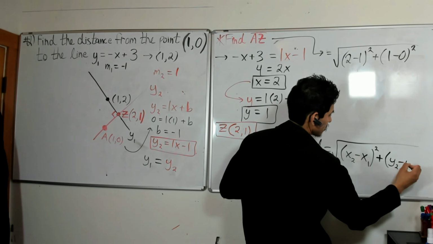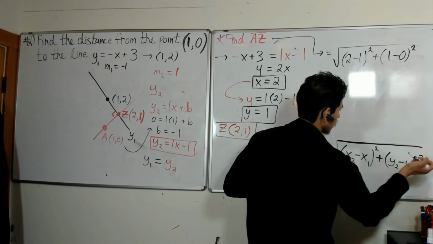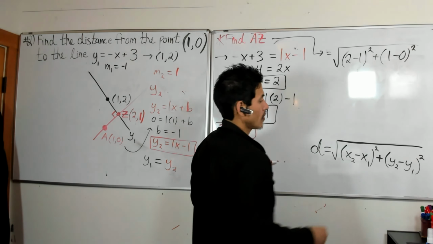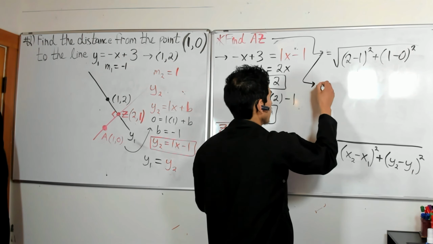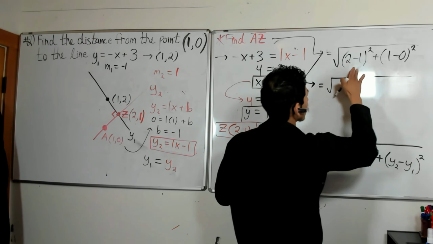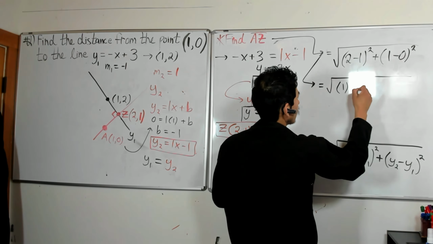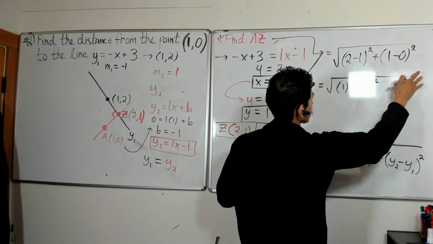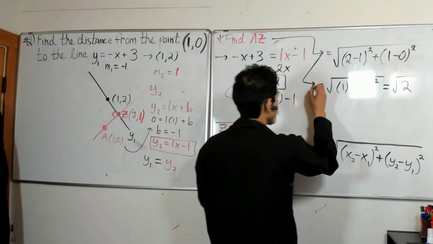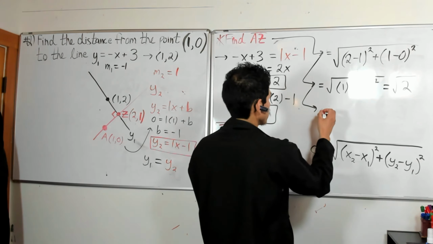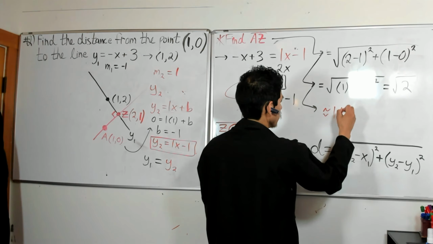Here it is again, but make sure you ingrain this in your brains, or get a tattoo or something. So this is a pretty simple equation: 1 squared plus 1 squared. So the square root of 2, and the square root of 2 is about 1.41 units.